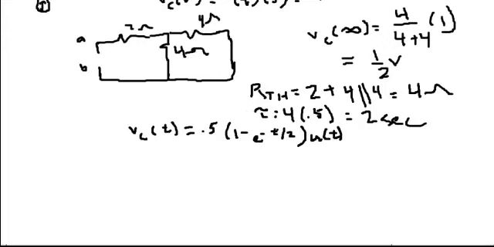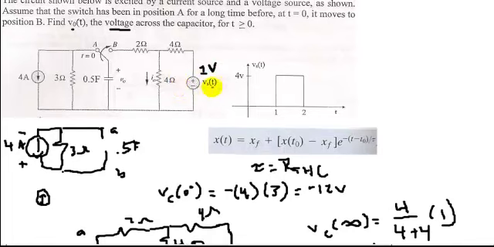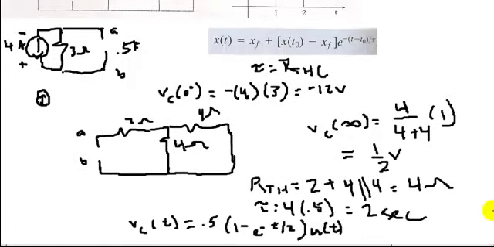The reason why we do u of t is because this is a step function, but this is a step function for 1 volt only. That's why we declared this as 1 volt, to replace it by a 1 volt voltage source. Because the current source, we replace it by a 1 amp current source.